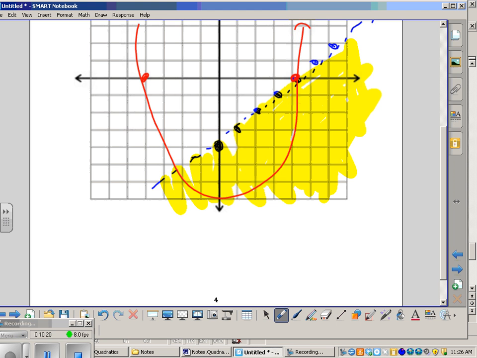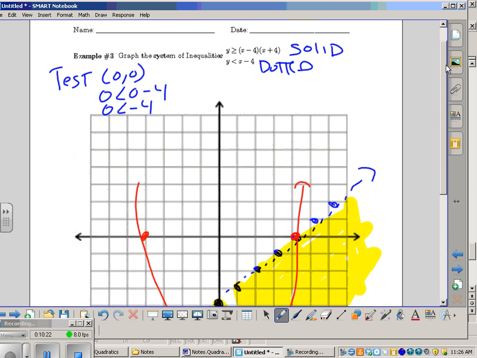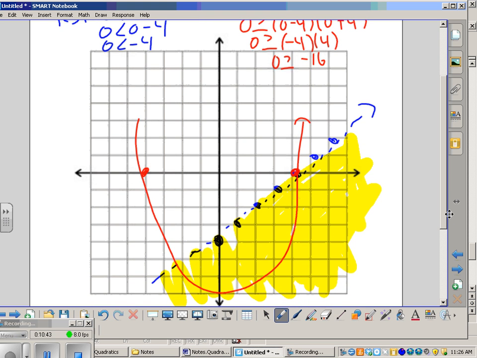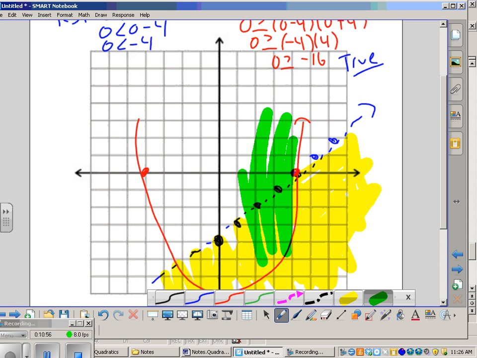Now we want to do the test point. So I'm going to suggest testing 0, 0. So let's test 0, 0, okay? So is that true? That is a true statement. So since it's true, you're going to shade all the area that includes 0, 0.